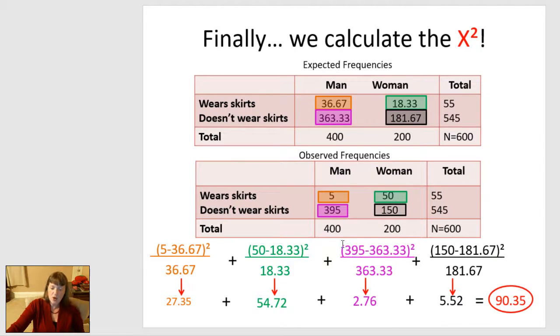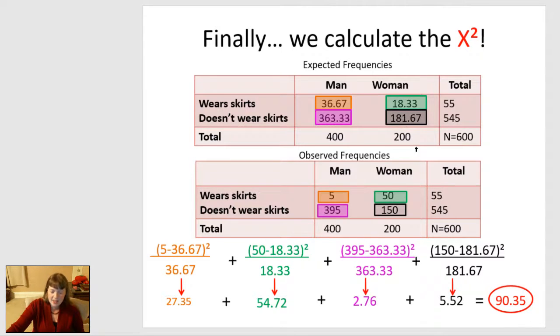Here, there were more men not wearing skirts than what I would expect to see if the null was true. And here, there were far fewer women not wearing a skirt than I would expect to see if the null was true. So these values led to this large chi-square.